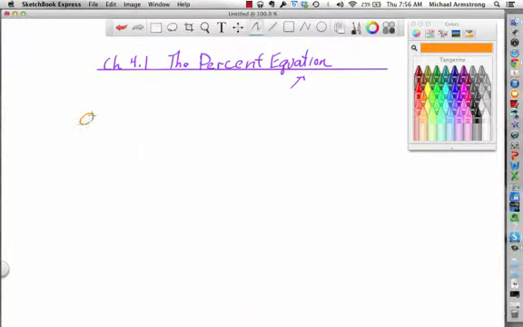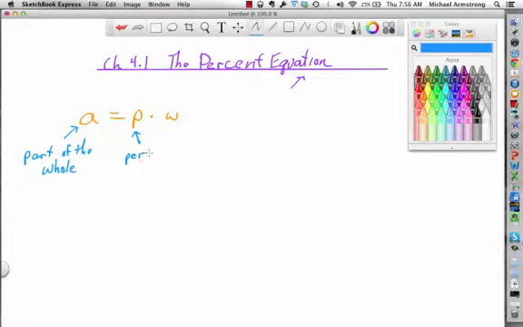They've got A equals P times W, and A stands for part of the whole. And P stands for percent in fraction or decimal form.